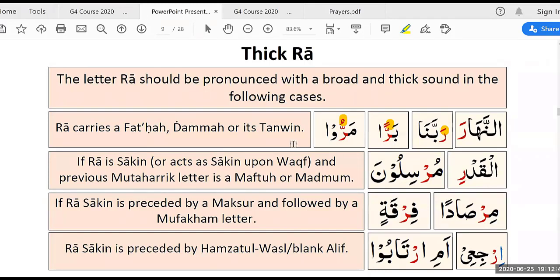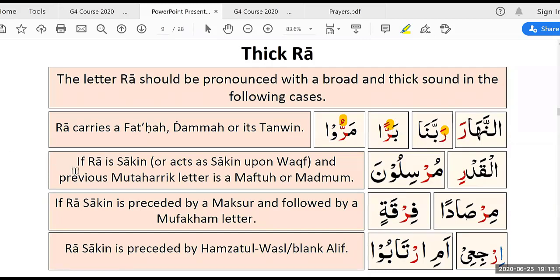And I just want to mention here, it can carry fatha, dhamma, or its tanween with or without the sign of shadda. So as we can see in these examples, here we have the sign of shadda along with the dhamma stroke. Here we have the sign of shadda along with the fathatan. Here we don't have the sign of shadda. So regardless of the sign of shadda, these are going to be thick.